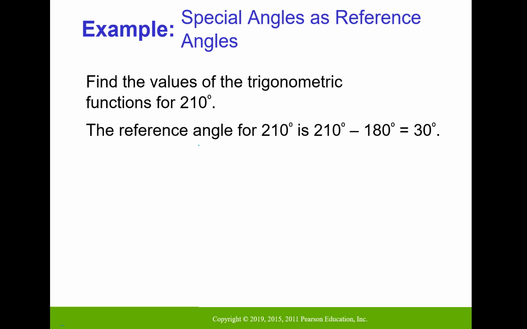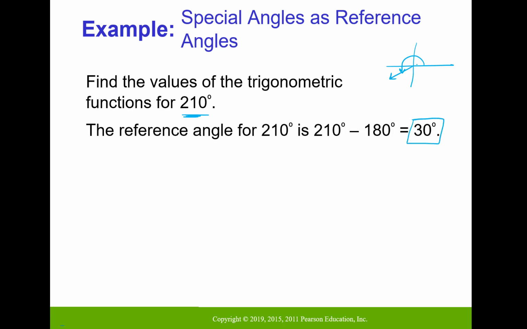Okay, so now that we know how to find reference angles, let's find the values of the trig function for our given angle. So starting with an angle that's not one of our acute positive angles, so this one's 210, the reference angle for that, so first of all think about where that lands. 210 would put us in quadrant 3, and so we would say 210 minus 180, our reference angle would be 30 degrees.